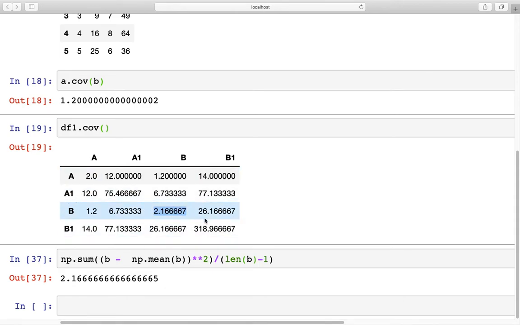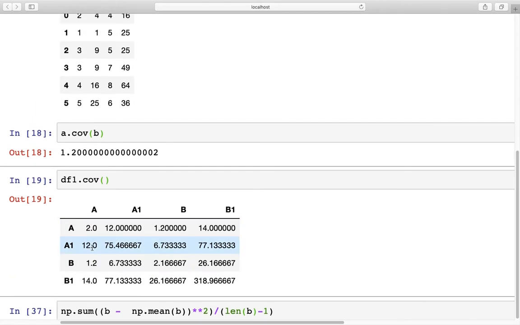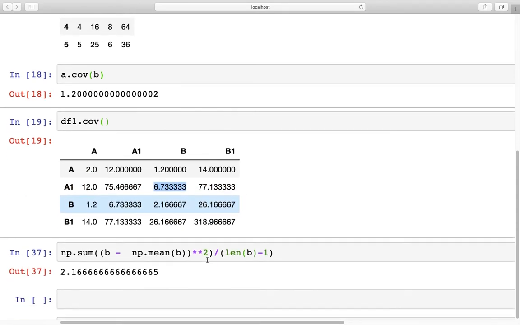So the diagonal is the variance, and off diagonal values are covariance, and the 12 indicates the covariance between column A and column A1, and then 6.733 indicates the covariance between column B and column A1, and so on and so forth for all other columns.